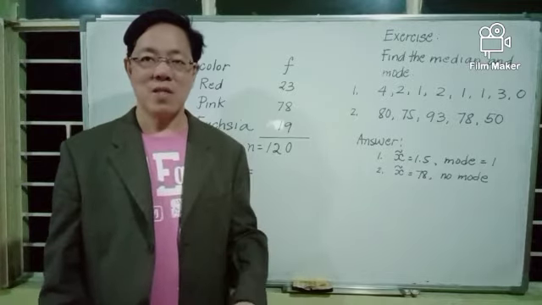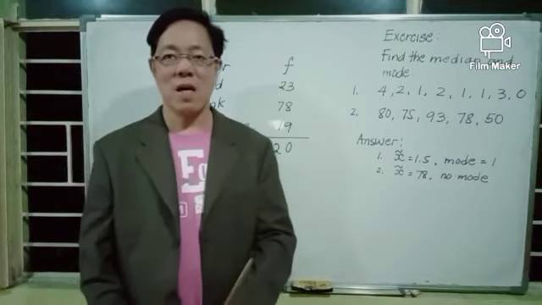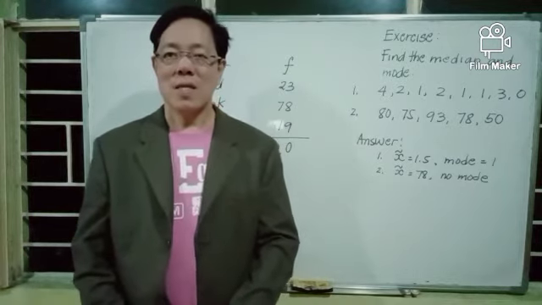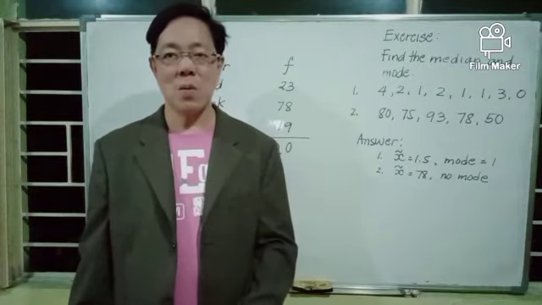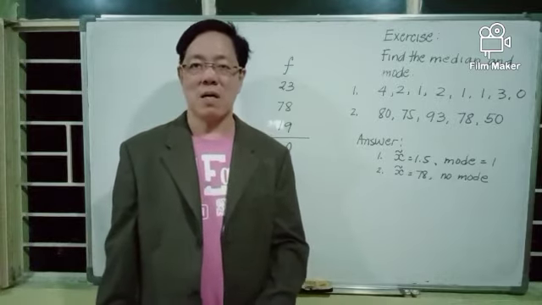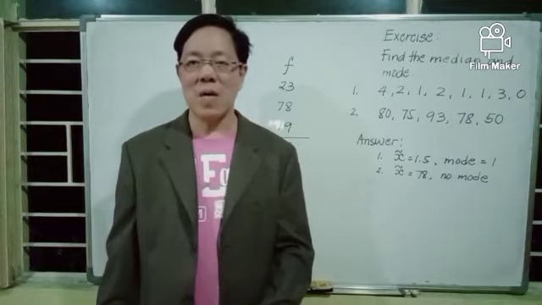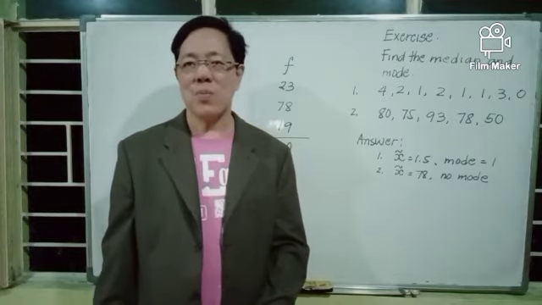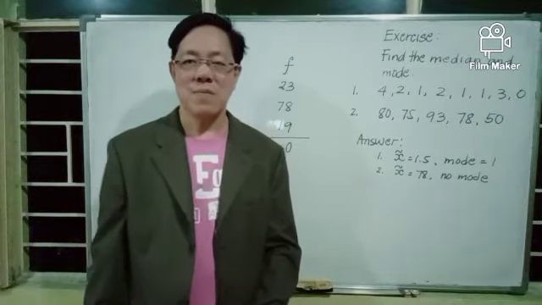And another advantage of the mode is that it can be found for both quantitative and qualitative data. Unlike the mean and the median, they can be found only if the given set of data are quantitative data or numerical data that are obtained by either counting or measurement. But we cannot compute or find the mean and median for qualitative data.